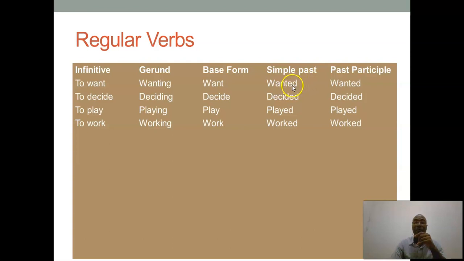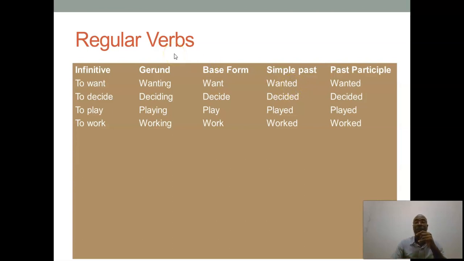If you have a verb that ends in an ed in the simple past and it's the same for the past participle, then the verb is a regular verb. For example, want is a regular verb.